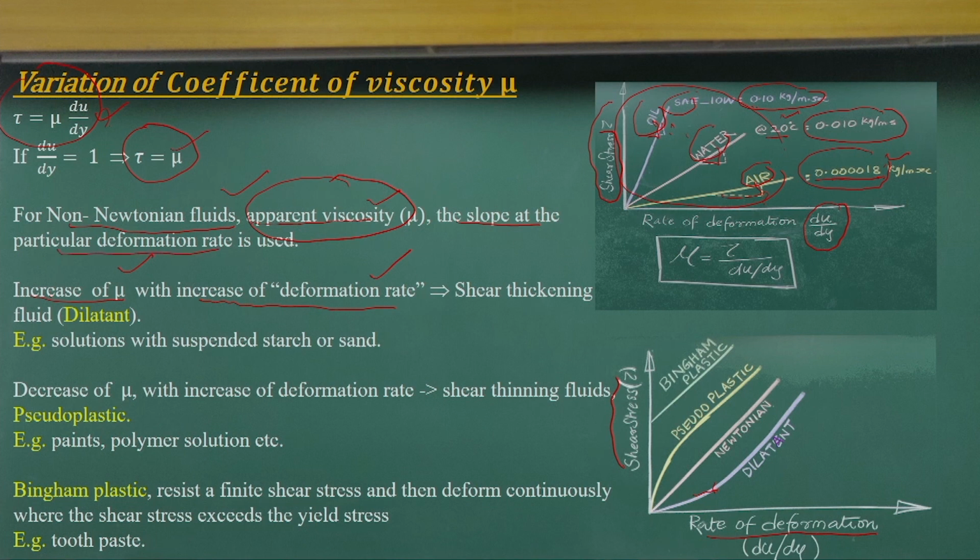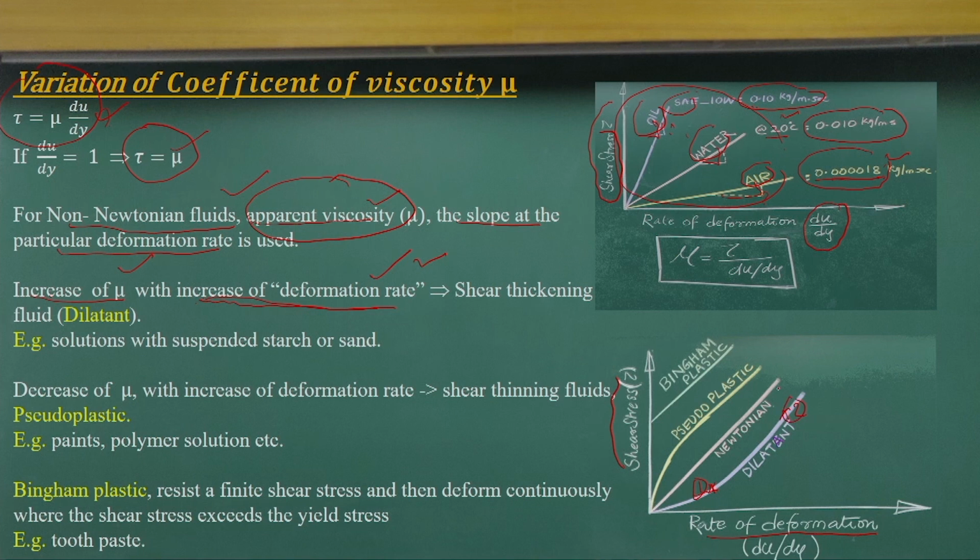If it increases with the deformation rate, then the shear thickening process is happening. You can understand that more shear force is necessary as you go for a larger slope. That means you need more shear force to produce the same amount of deformation as compared to point A and point 2.